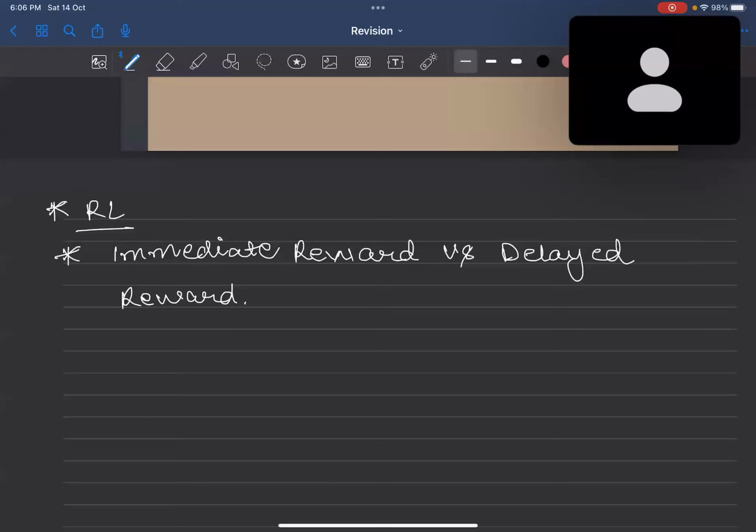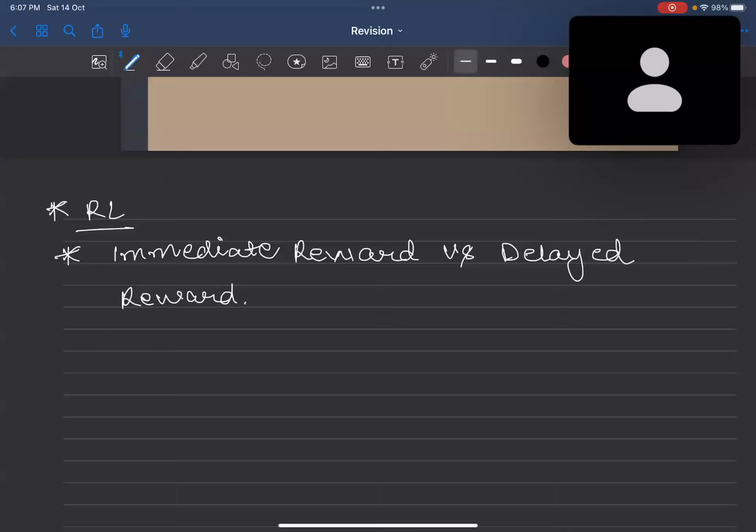We don't know when we get the final reward at the destination, so we try to add immediate rewards to get the value of the particular state. The immediate reward tells us whether our move is right or wrong, at every state where we take an action.